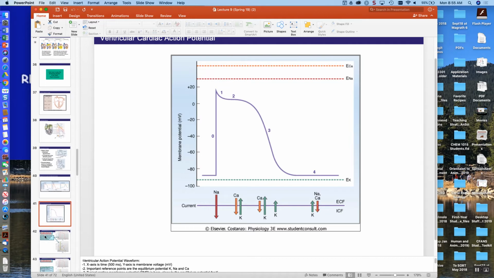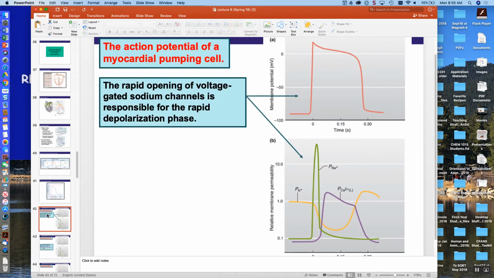All right, so let's go through this set of slides. It's basically saying the exact same thing. This bottom slide right here is giving you some idea of permeability or conductance. So when the voltage-gated sodium channels open, you can see the permeability really rises, and then the voltage-gated sodium channels inactivate.